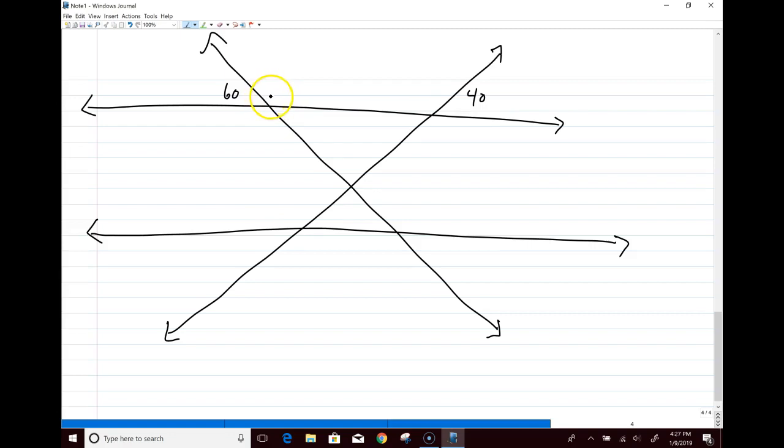Like, we're going to have one, I'll just label them. We're going to have one here. Oh yeah, here, 14.